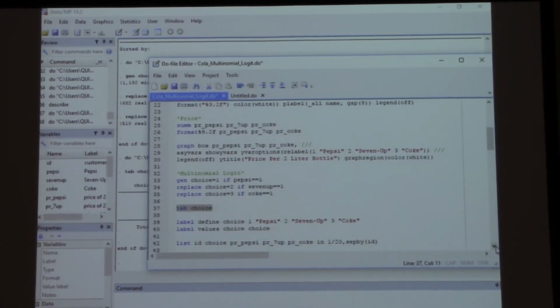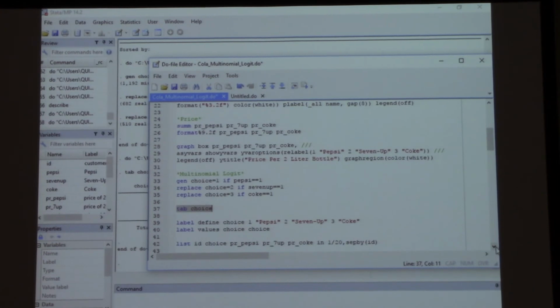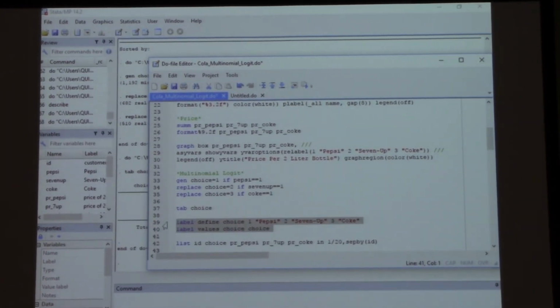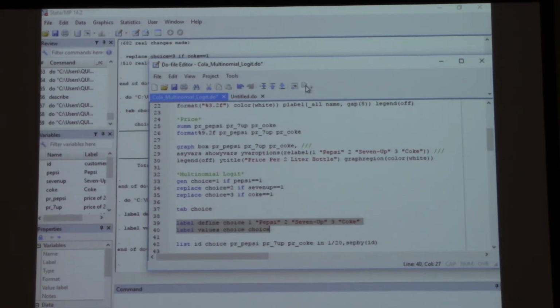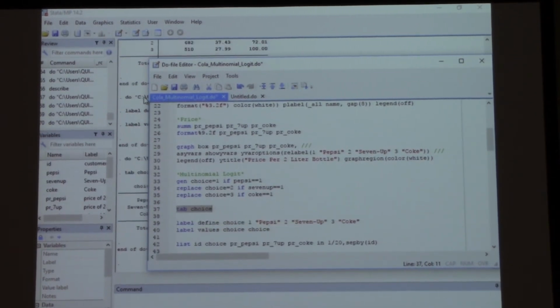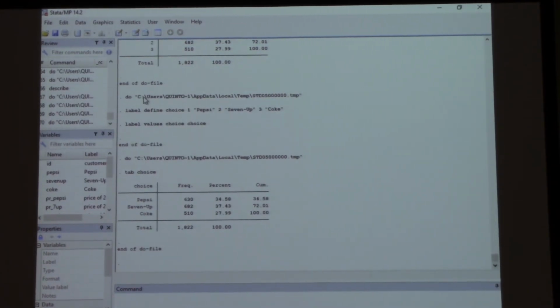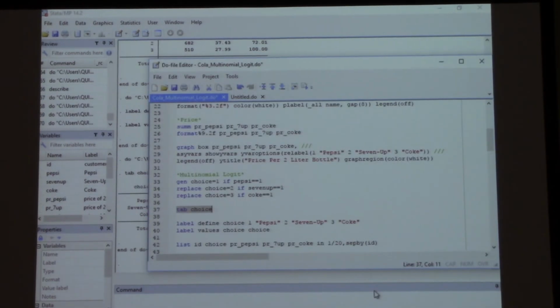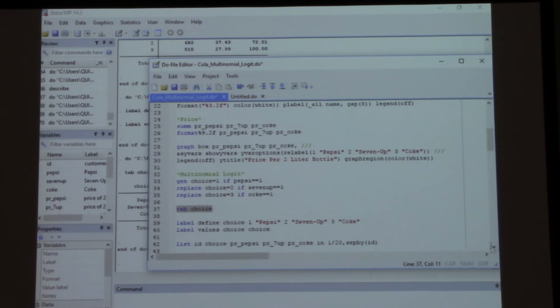I'm going to label these so that when I tab it, I don't see 1, 2, 3. I want to see what 1 is, what 2 is, and what 3 is. So now I know 1 is Pepsi, 2 is 7-Up, 3 is Coke. And I like value labels because I hate having to double check stuff.